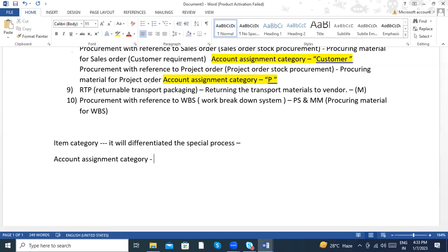After we receive the stock, what planning do you have? You are planning for the sales order, customer requirement, or you are planning for stock purpose, or direct consumption, cost center issue. It is consumption related. So that's different here.